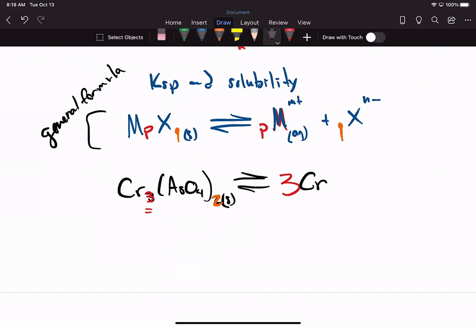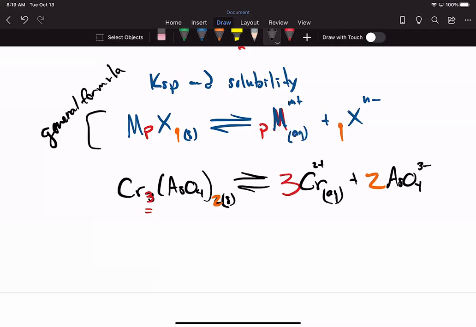And I can't forget the charge on chromium, so that chromium is going to be 2 plus, and this is going to be aqueous, plus we're going to have 2 of these anions that are arsenate. So here we have 2 of those, and the charge on that is going to be 3 minus.